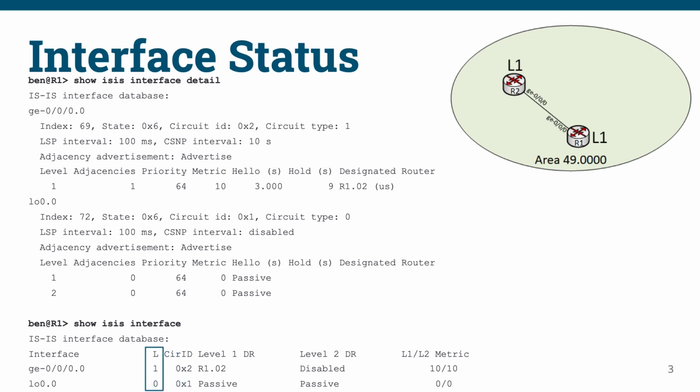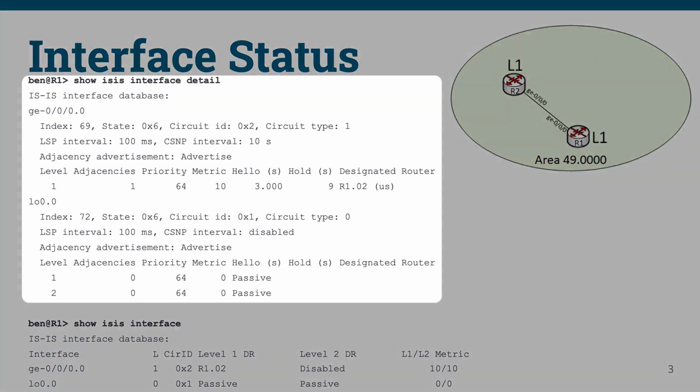The next indicates the level that the interface is participating in ISIS. The loopback interface is showing a level of 0 because it is not originating IIH PDUs for any ISIS level, whereas we see that ge-0/0/0.0 is only participating at Level 1. And finally, we have the interface name.